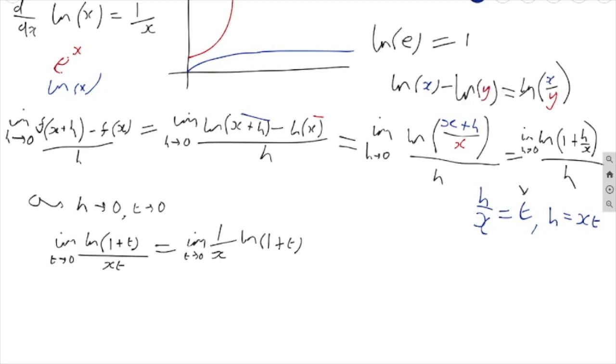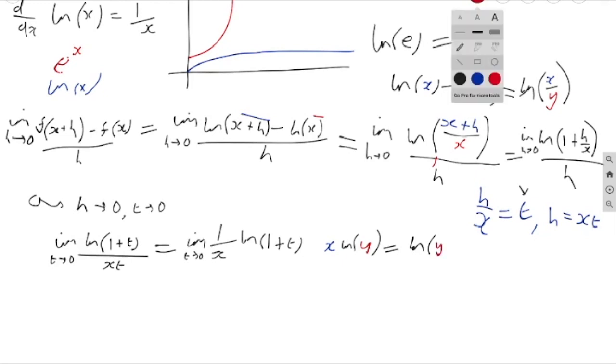If we have, say, an x multiplying a ln of y, then what we have is a ln of y to the power of x. Again, this is a standard rule, standard definition, but it's useful here. Oh, that's meant to be an xt as well, if anyone caught that, well done.